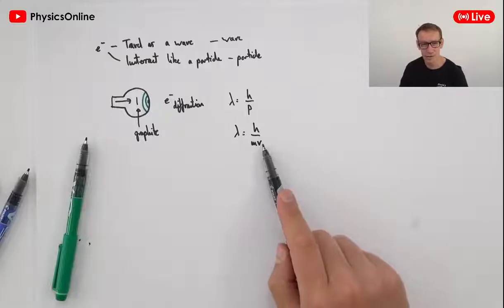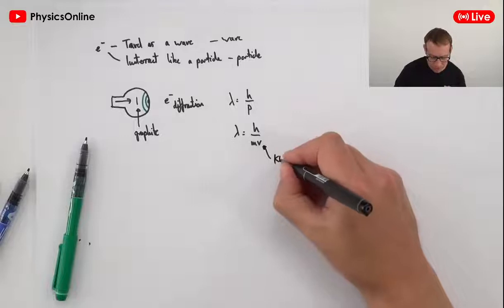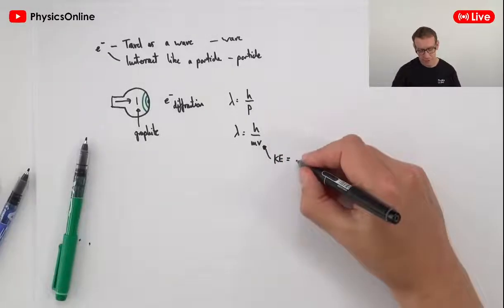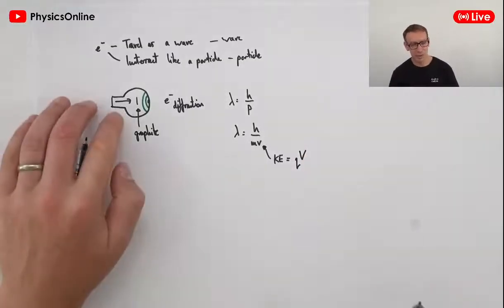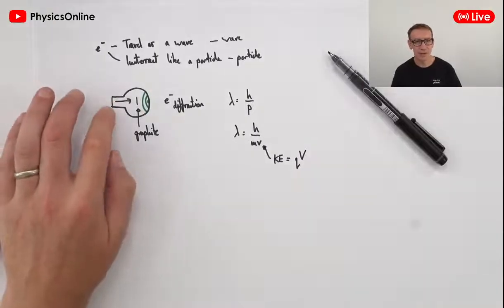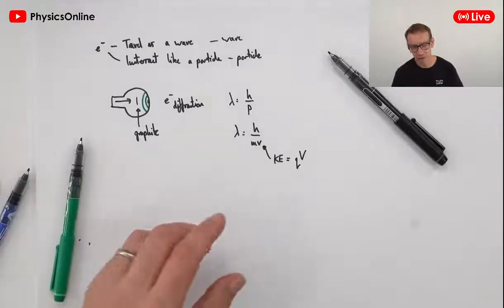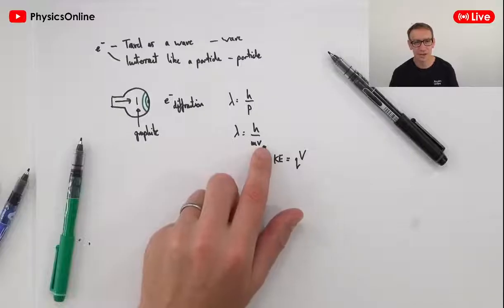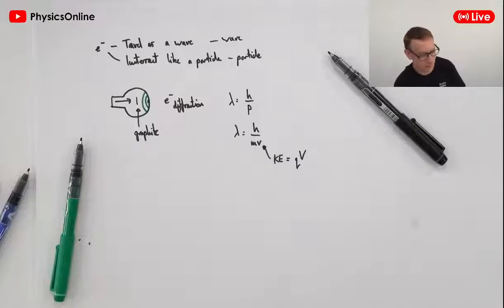We can work out their velocity, because that depends on their kinetic energy, which depends on the charge on the electron and the potential difference they're accelerated through. For example, if we accelerated them through 100 kilovolts, all the electrons would have 100 kilo electron volts of energy. If we know the energy they've gained, we can work out their kinetic energy, which allows us to work out their velocity. And we know Planck's constant, therefore we can work out the wavelength of those electrons.